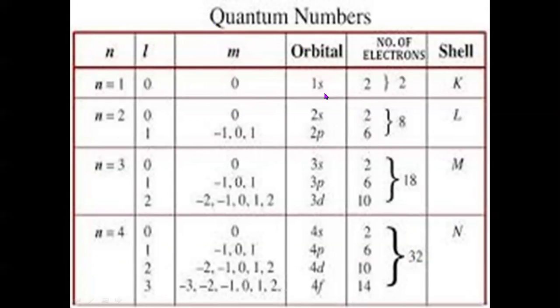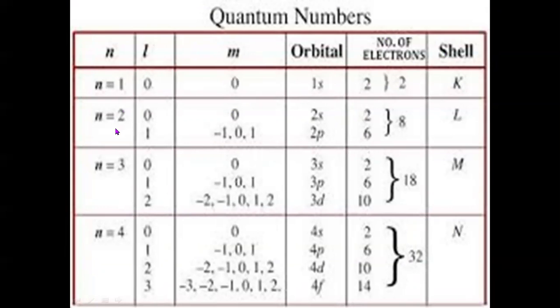And in 1s, since there is one orbital, it can accommodate not more than 2 electrons. Therefore, in the first orbit, there will be not more than 2 electrons. And that first orbit or first shell is called the K shell. So the capacity of the first shell or K shell is only 2 electrons.